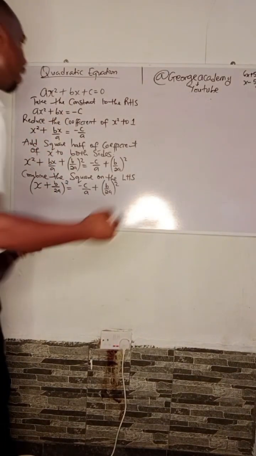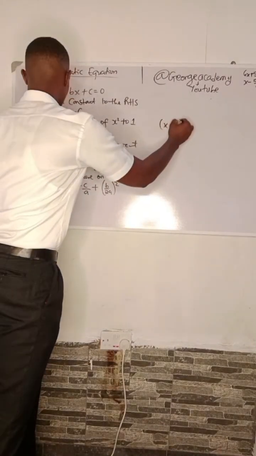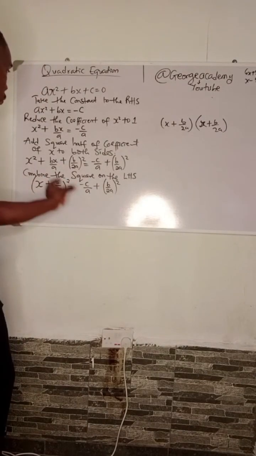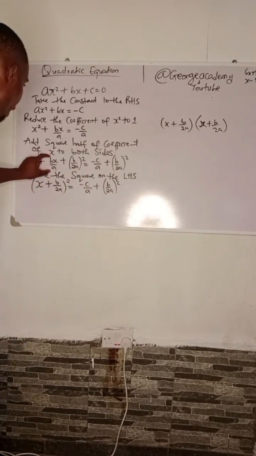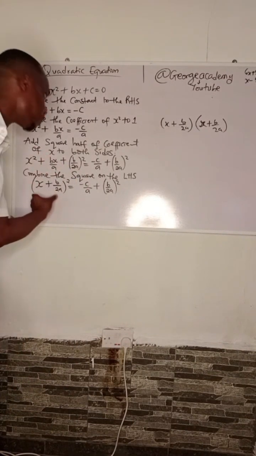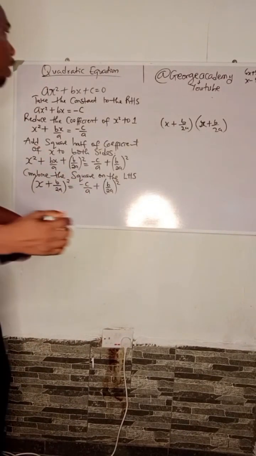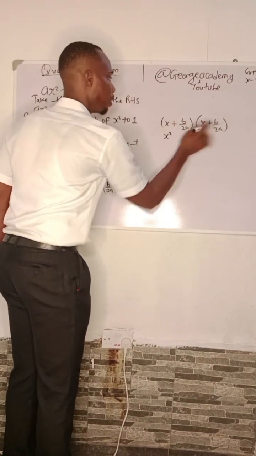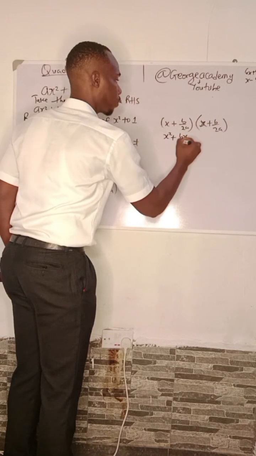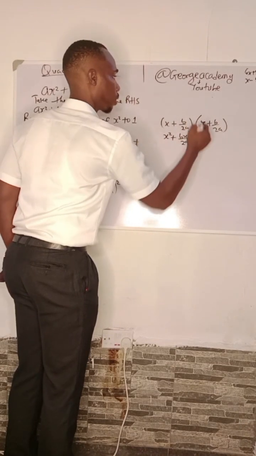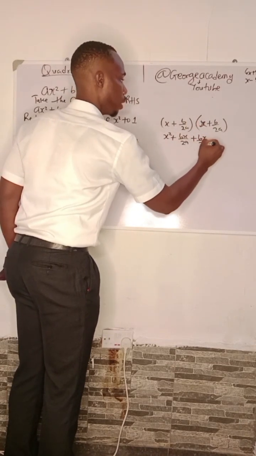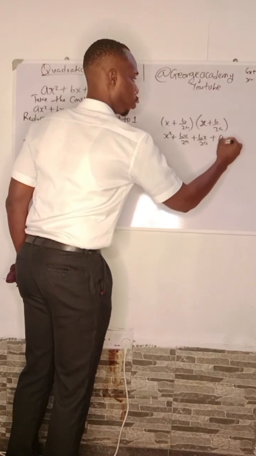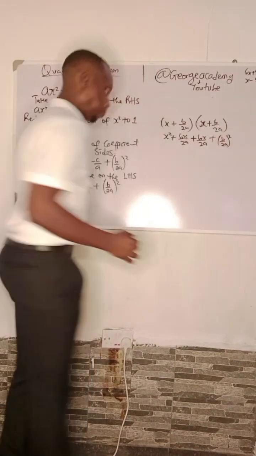Let's look at this. It says x plus b over 2a, right? If we expand this particular expression, I want to show you how this bx over a was eliminated. So you have x times x gives you x squared. x times this gives you plus bx over 2a, plus bx over 2a, plus this times this, which gives you b over 2a squared.